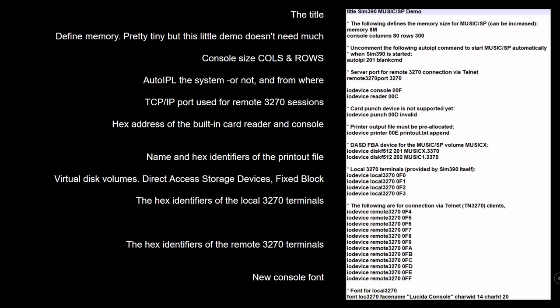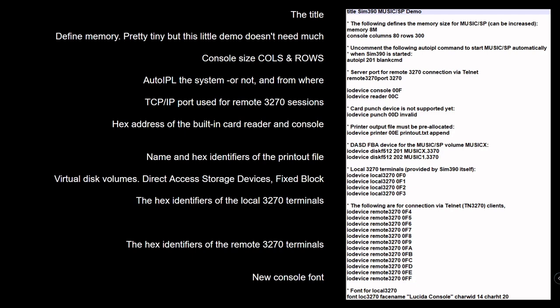So in this case, we're going to give device IDs to all the different potential connections with terminals, either you're in the machine itself, or you're coming in over the network. Local 3270s are what happens right here on the machine in front of you through the emulator, which is where I changed the font size, and the remotes are where you come in from somewhere else.